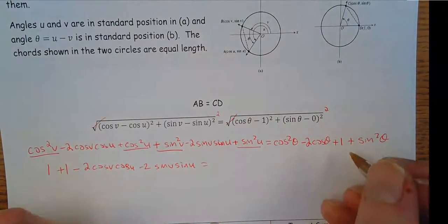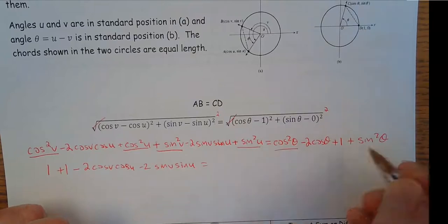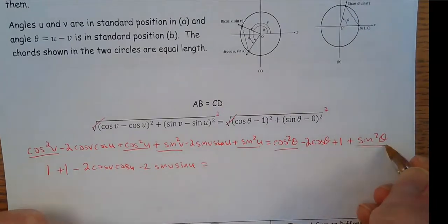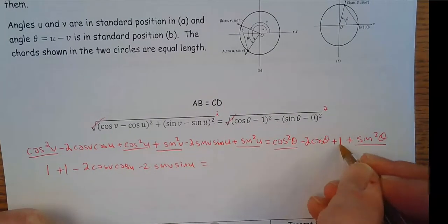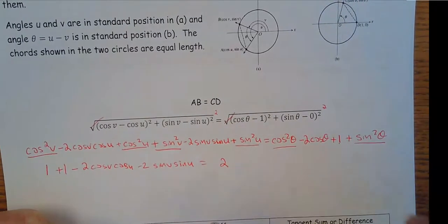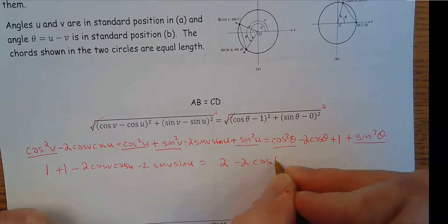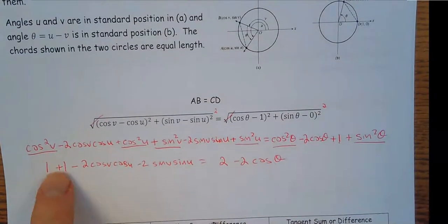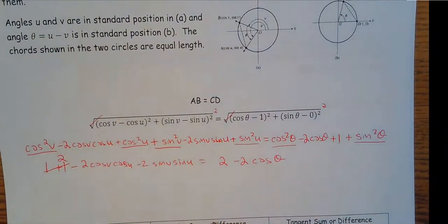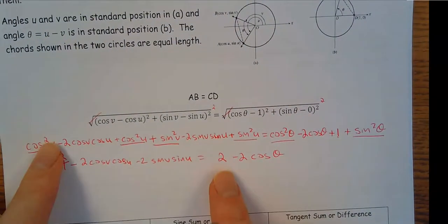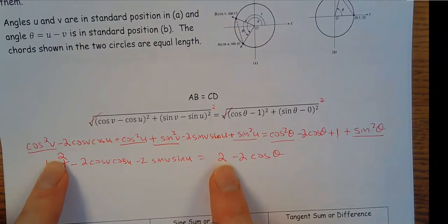On the right side, same idea. I've got cosine squared theta and sine squared theta, that's 1. Plus this one would be 1, so 1 plus 1 is 2, and then minus 2 cosine theta. I'm just going to change this to a 2 to save some space. Now if I have 2s on both sides, if I subtract 2 from both sides, those are gone.